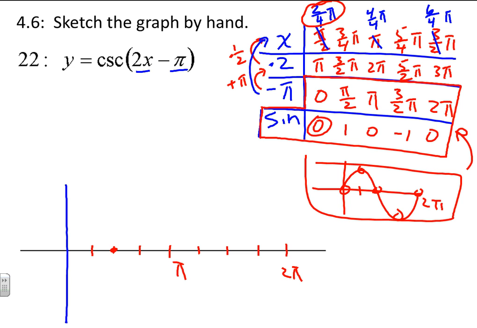My next point, 3/4, 1. 4/4 gets me back to 0. 5/4 gets me down to -1. 6/4 gets me back to 0. And I'm in good shape here. That's a full period of the sine graph.